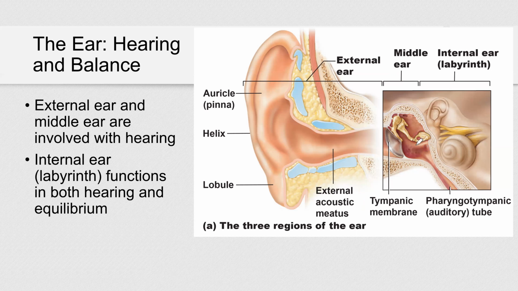We will get into more details. The internal ear includes the cochlea, vestibule, semicircular canals, and of course your vestibular and cochlear nerves that make one vestibulocochlear nerve, or cranial nerve number 8. Also part of the middle ear, I forgot to tell you, is the auditory tube, or pharyngotympanic tube. Pharynx is your throat and tympanic is the tympanic membrane. So it's the pharyngotympanic or auditory tube.